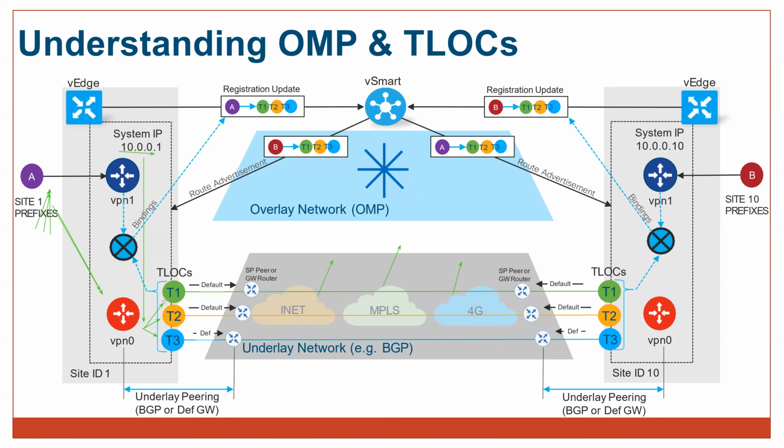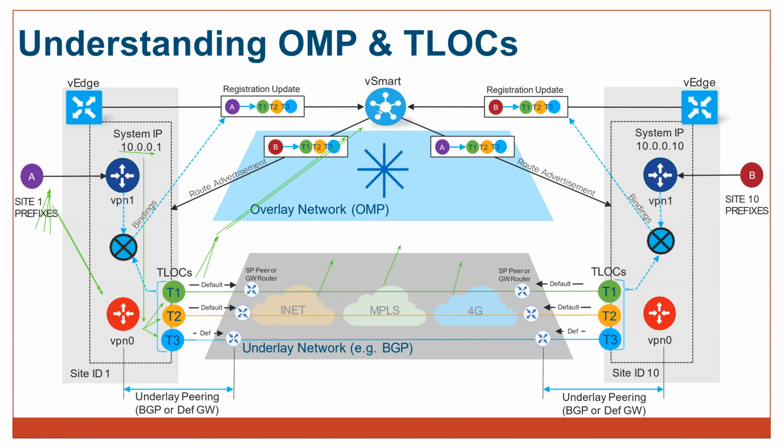But prefix A, when it leaves my router, where will it reach? It will reach the vSmart with an OMP update.